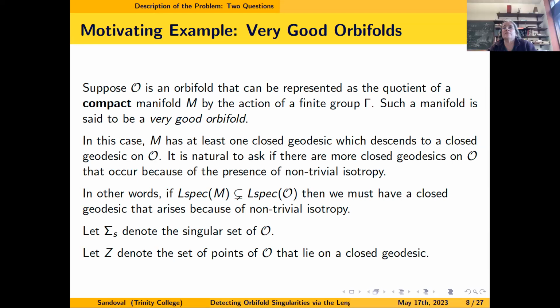I mean, I'm not assuming anything right now. It's just finite. We'll see that if it were cyclic, we'd expect to see certain things come up. But at the moment, I'm just taking a finite group gamma.